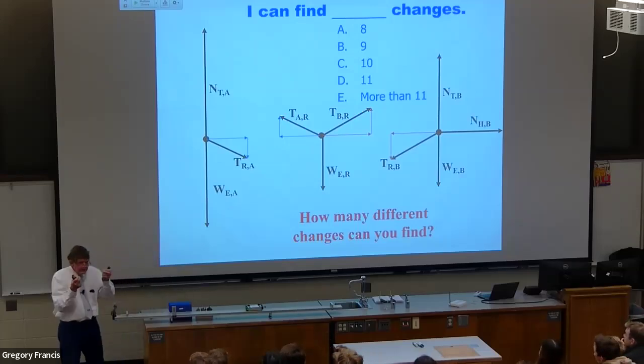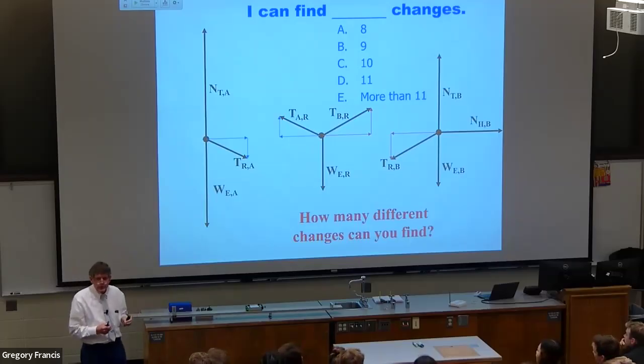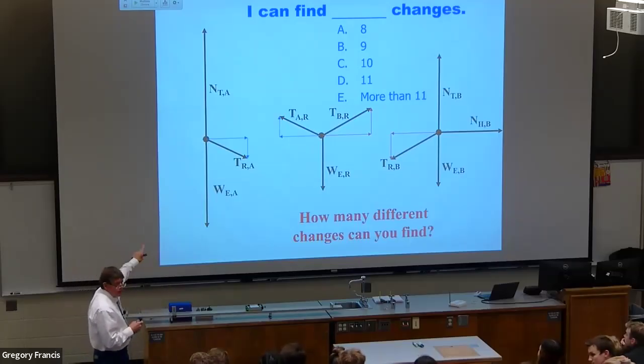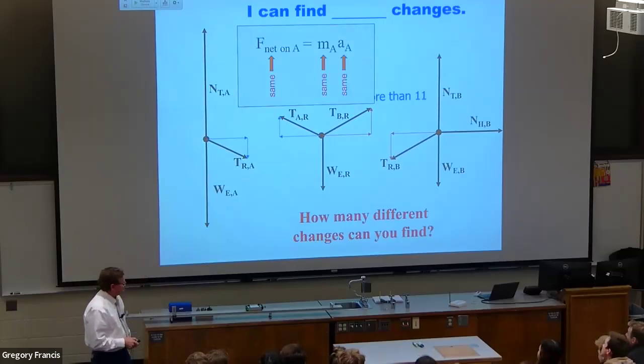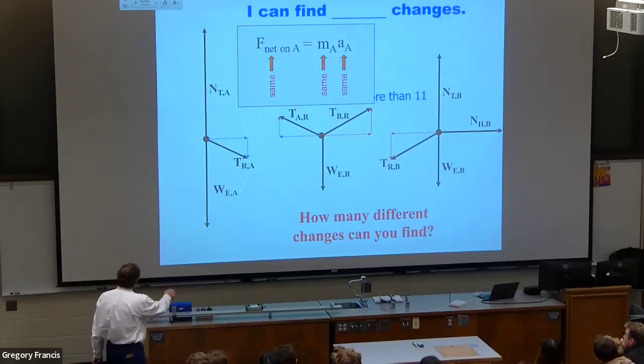When you're trying to reason a dynamics problem, your best bet is to point at the free body diagram and use Newton's second law. If I'm looking at this free body diagram that represents block A, the mass of block A is not changing. We're told that the whole thing's still moving at 3 meters per second squared.